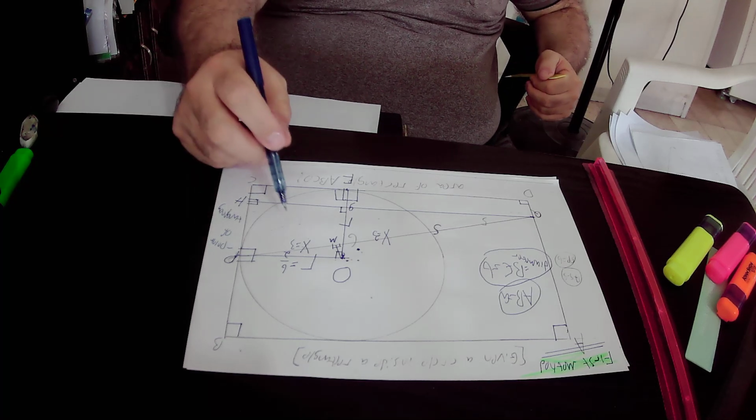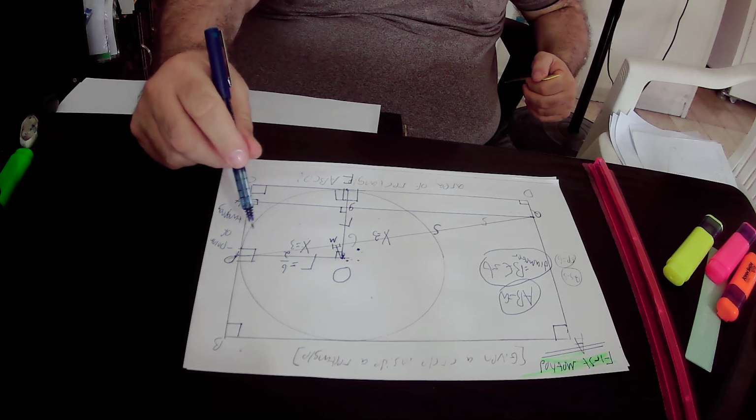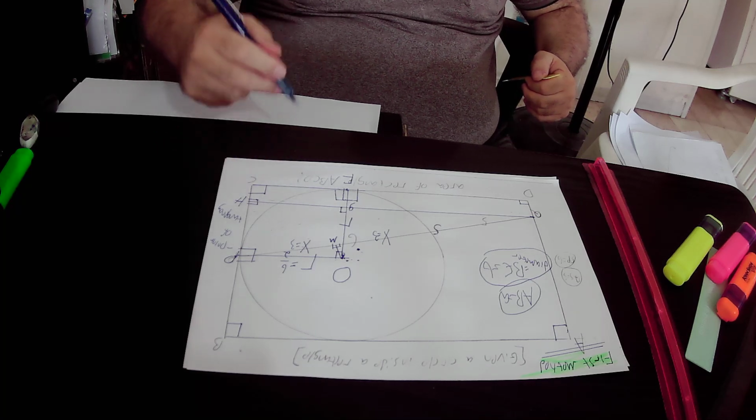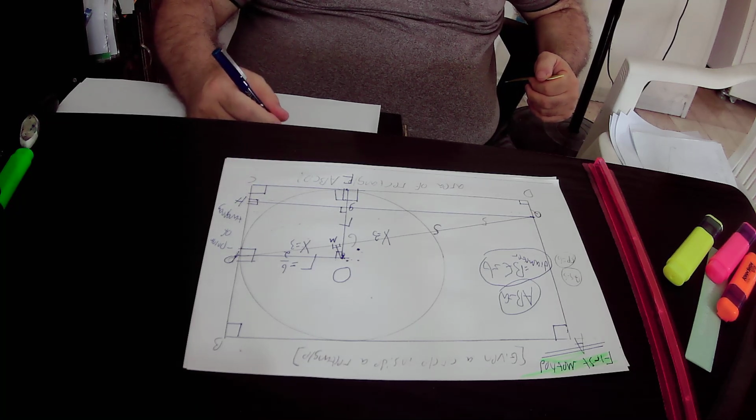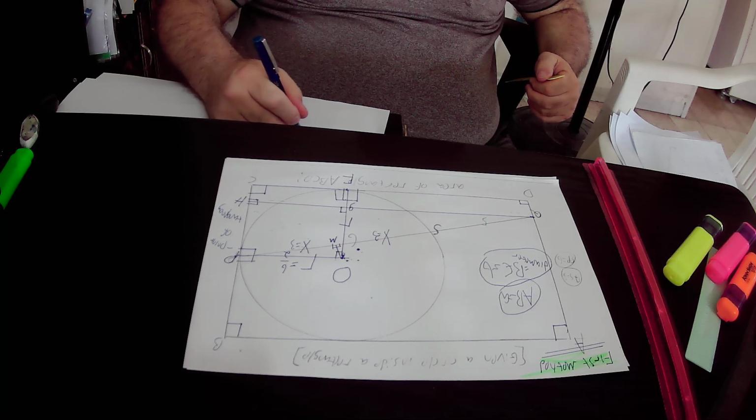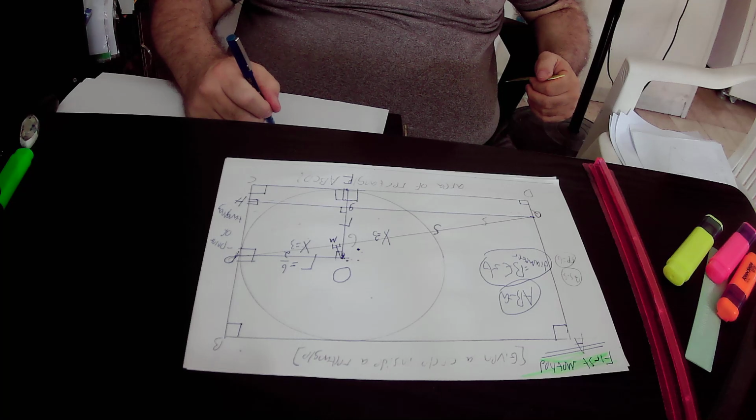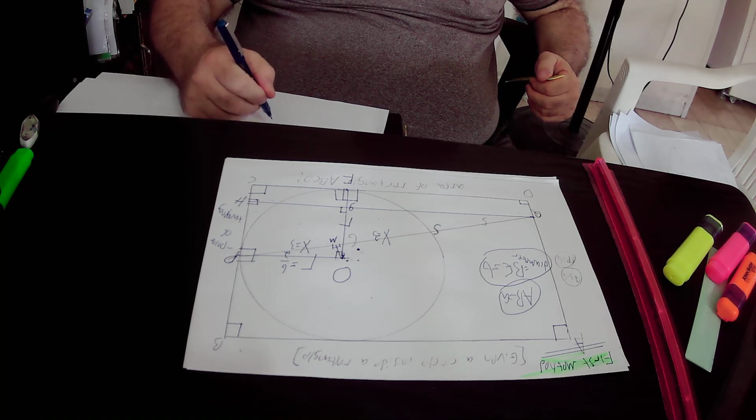So we relate to quadrilateral QPGH as a rectangle. Quadrilateral QPGH is a rectangle. Why? Because it has 4 right angles.